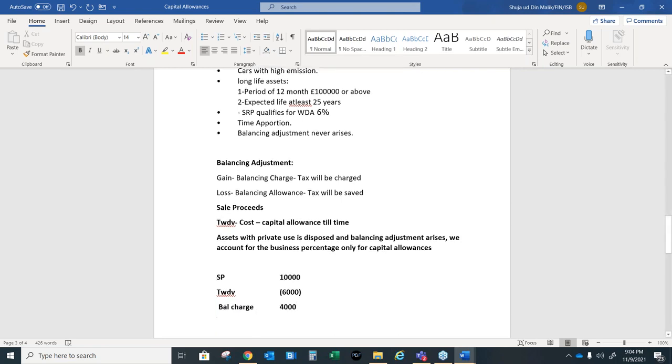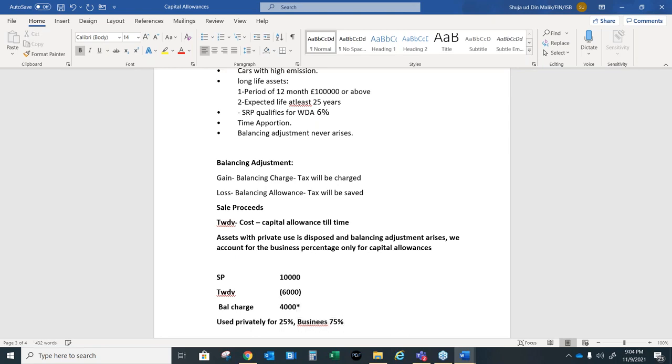Now say this car is used privately for 25% and for business 75%. So this balancing charge pertains to an asset used for both business and private purposes.